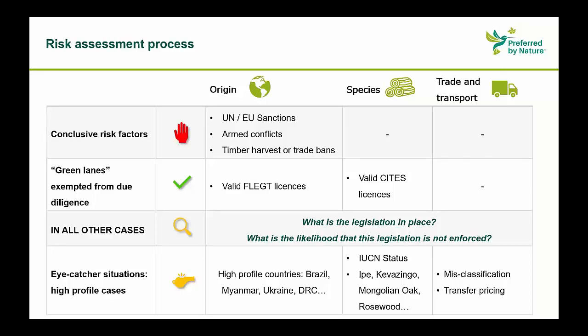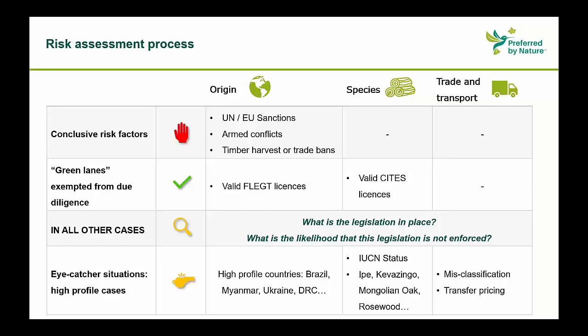When we're looking at the origin, the regulation basically says that there are some instances where you're not going to be able to mitigate risk. That's what we call a conclusive risk factor. So you need to be able to identify this as a first step, as an entry step into due diligence, in the risk assessment step, sorry. Cases where the timber or timber entity is under a UN or EU sanction, that's a no-go.